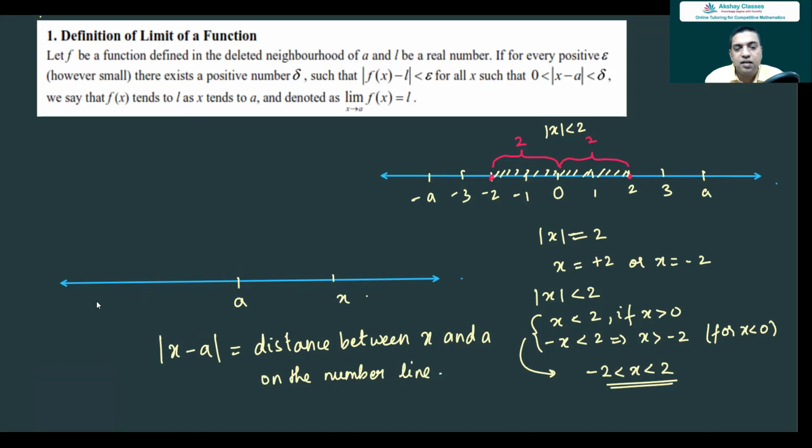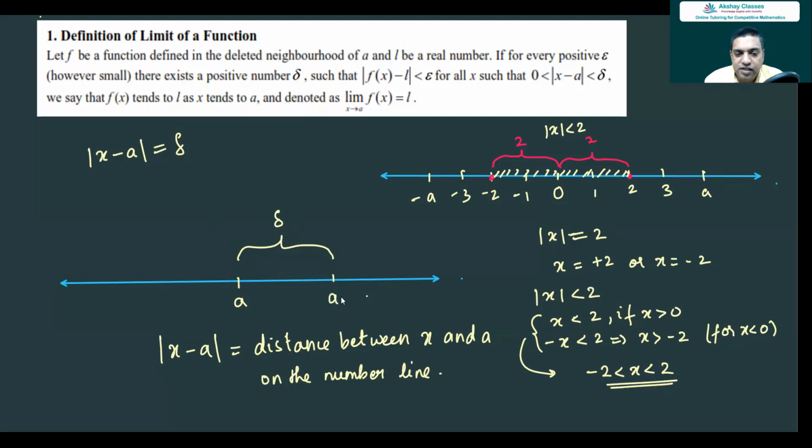Now, just see this, modulus of x minus A equal to delta means, I have 2 points of x such that its distance from A is equal to delta.